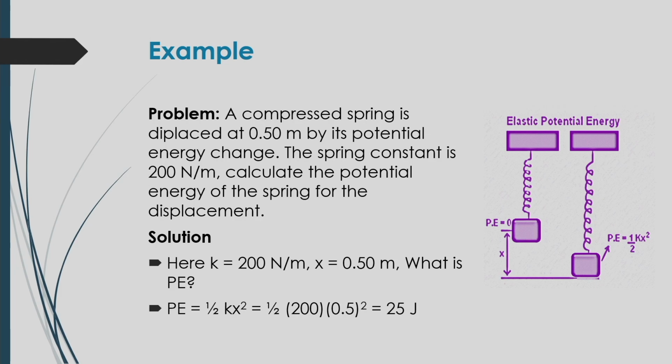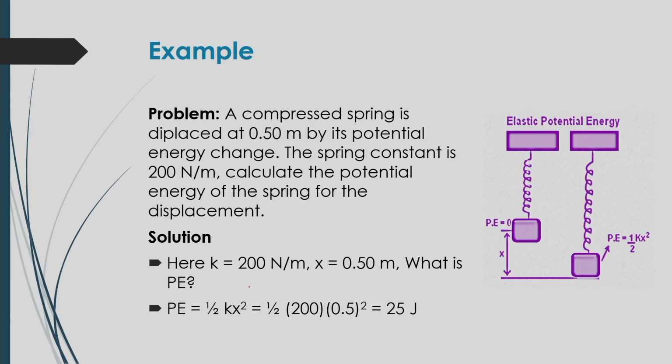An example is given here: a compressed spring is displaced by 0.50 meter. The spring constant is given as 200 Newton per meter. In this case, you have to calculate the potential energy based on the displacement of the spring.